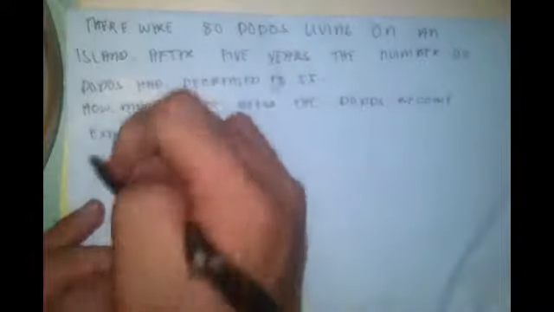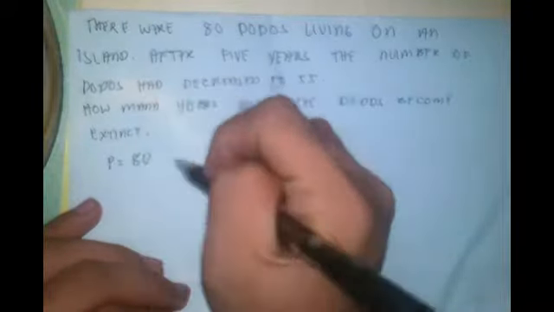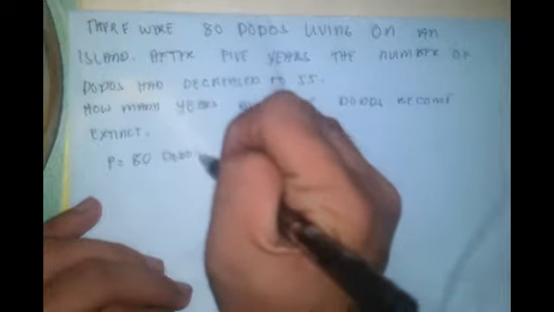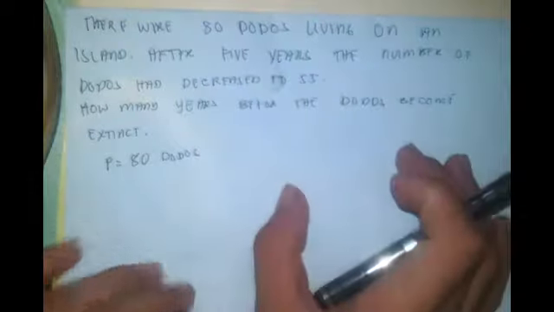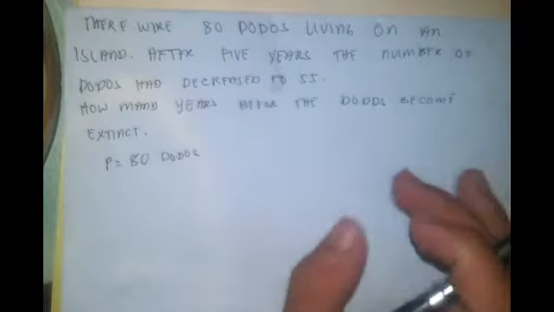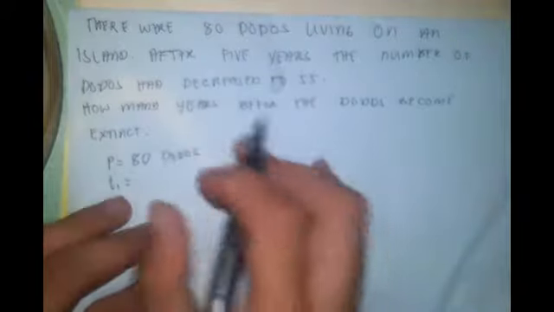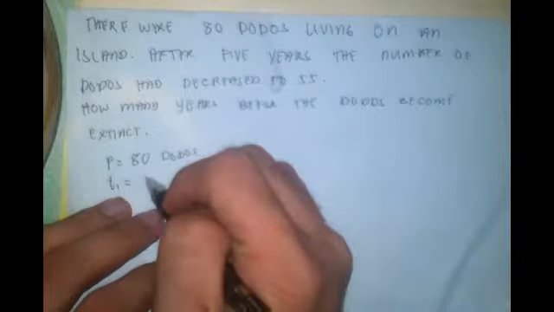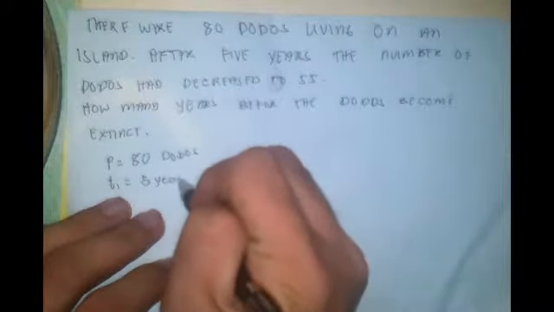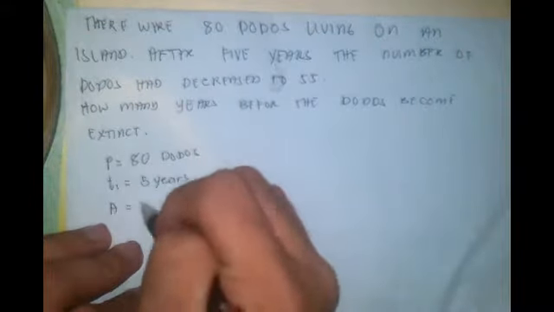First, P is 80 dodos, and we must first get the rate of change. Like in the first and second examples, the first time is 5 years. After 5 years it has decreased to 55.